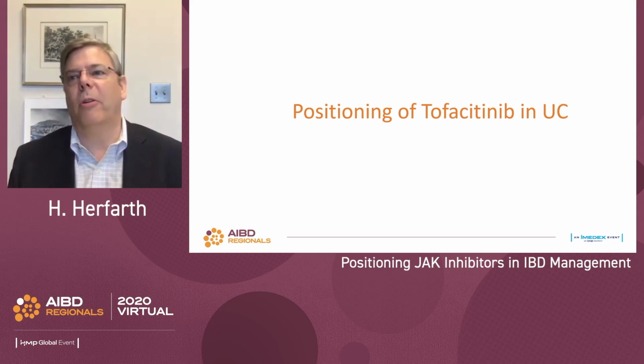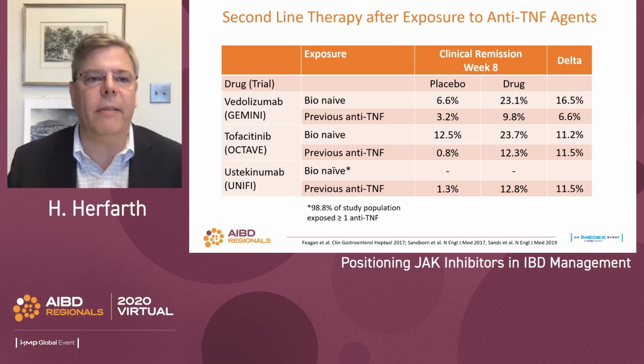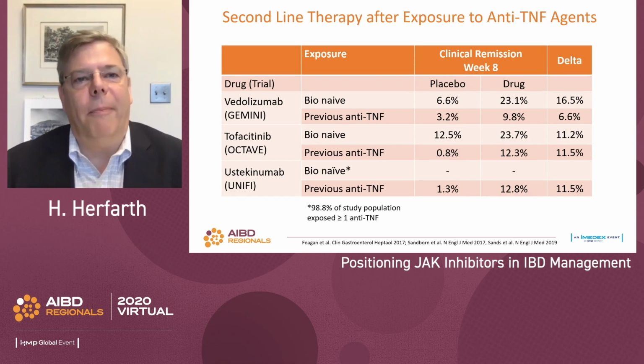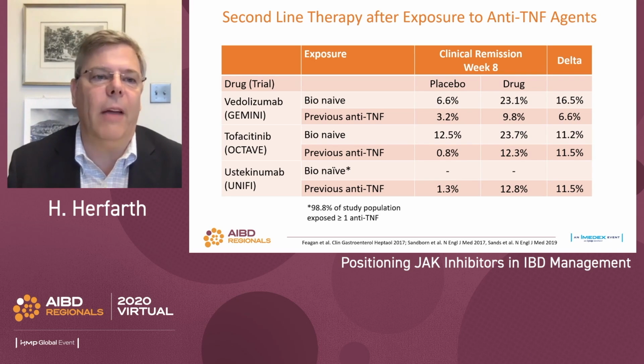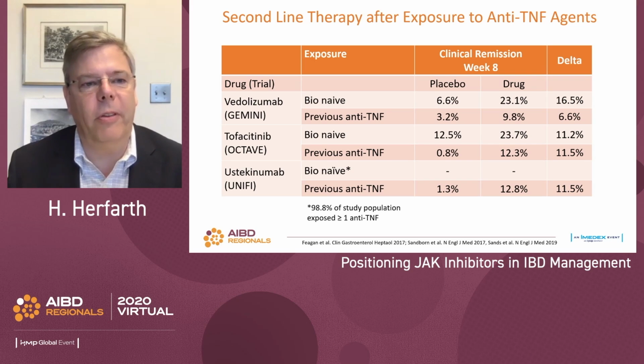So how do we position tofacitinib in ulcerative colitis? We know it's approved only as second-line therapy after exposure to anti-TNF agents, so we have to look at what is comparable here. And comparable are vedolizumab, tofacitinib, and ustekinumab. In this table, you see the results of the induction trials with clinical remission at week 8.